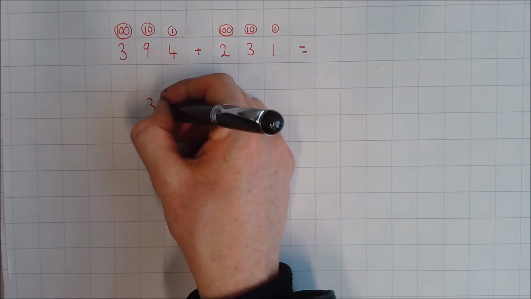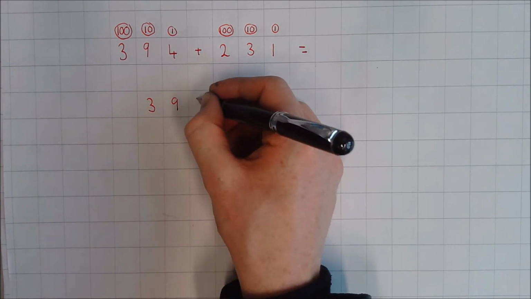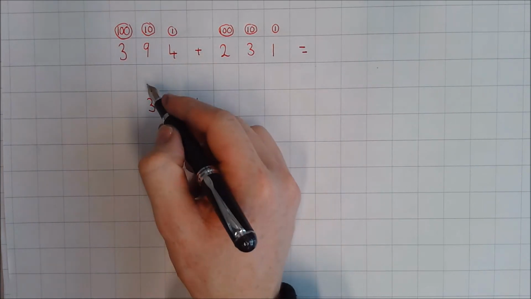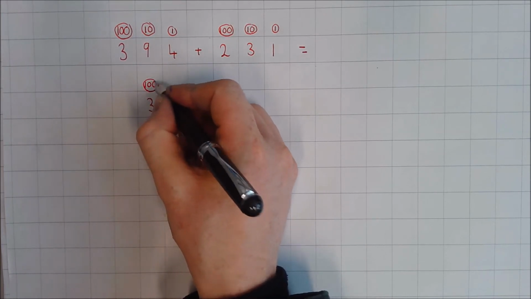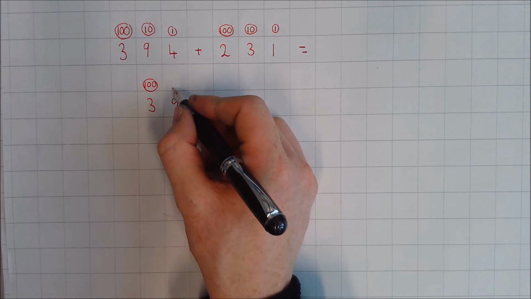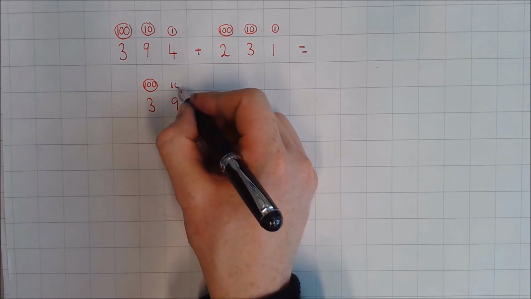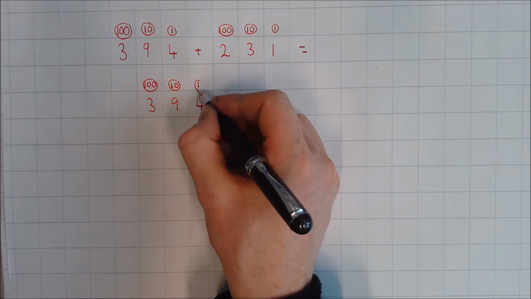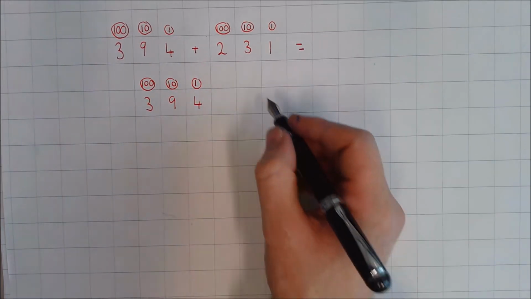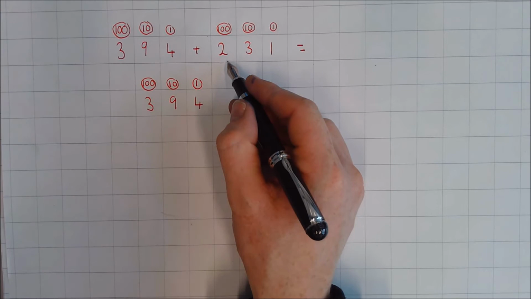So 394. We've got our hundreds, we've got our tens, and here we've got our ones. So we're going to add in this addend now into it.